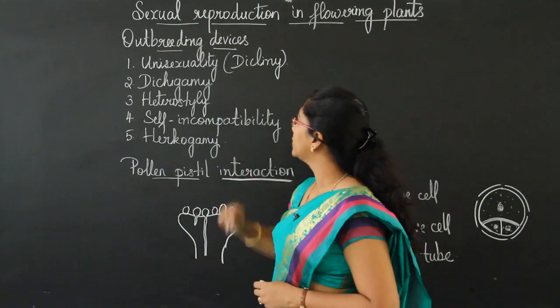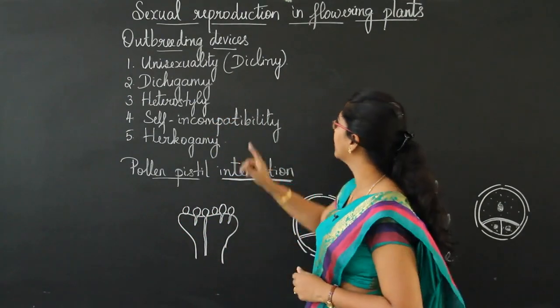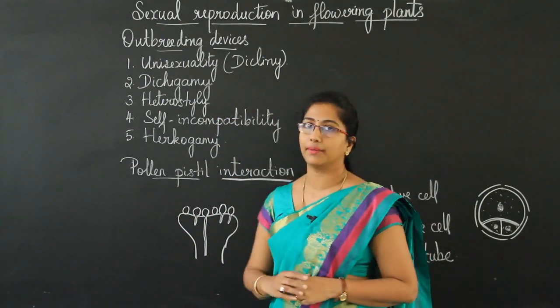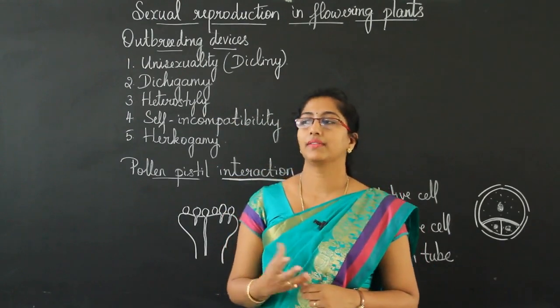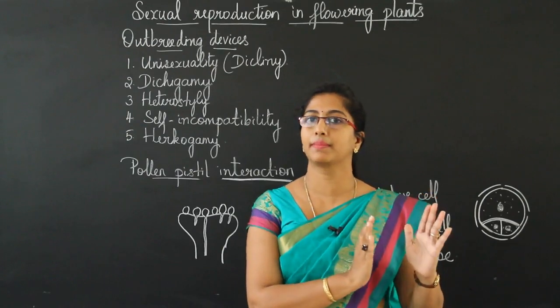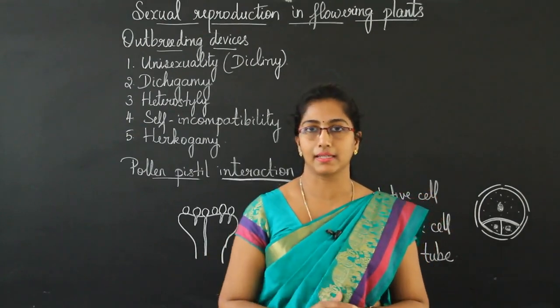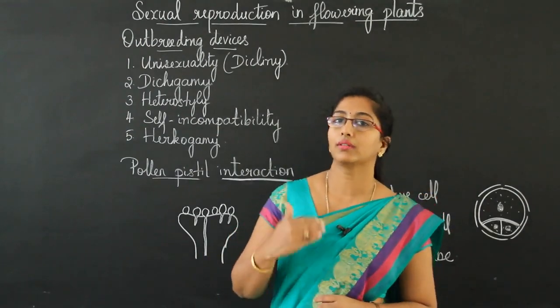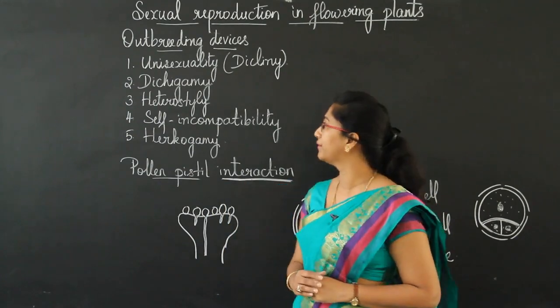That is unisexuality, or we can also call it diclinism. An example is the papaya plant. The male plant is separate, the female plant is separate. By this, autogamy can be prevented.